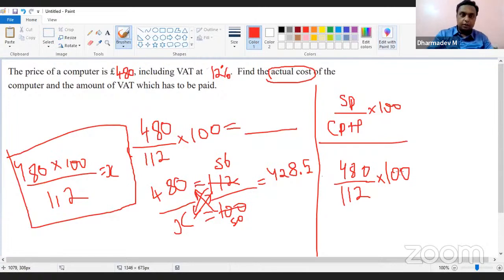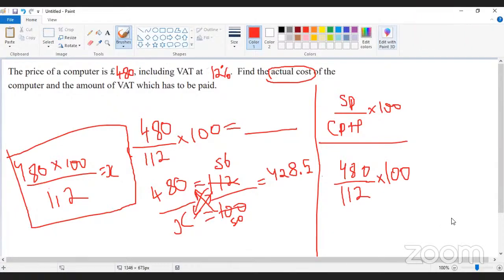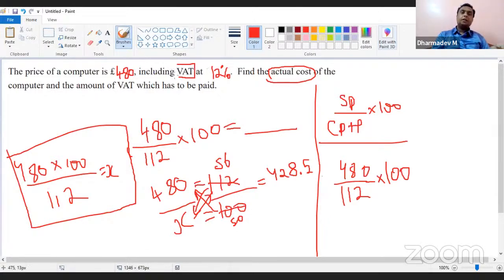Are you getting it? Yes, sir. In short, what is the VAT exactly, sir? The VAT that we are paying, that's why I said value added tax.